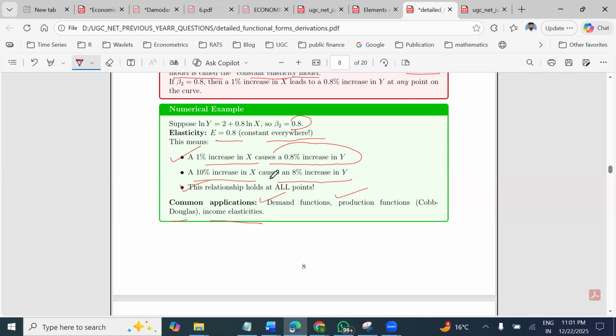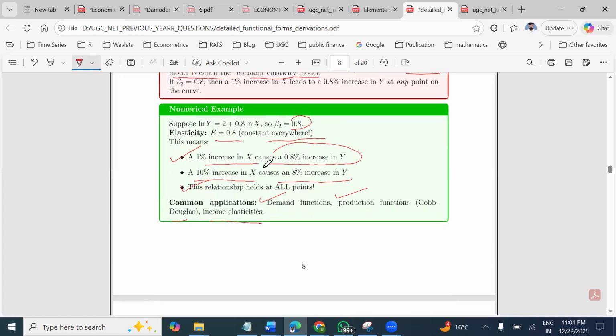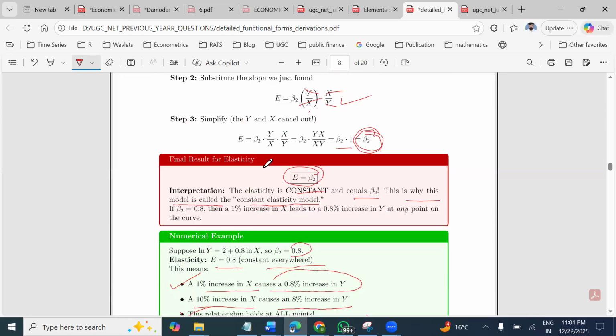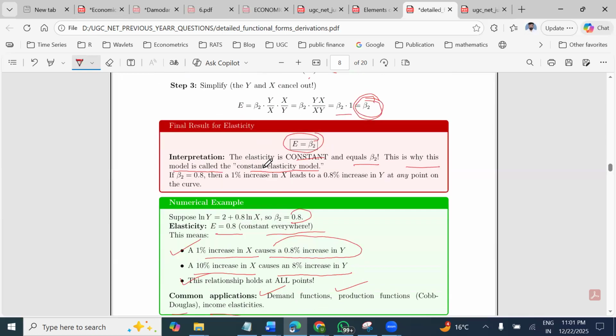Now Madhusmita, your question. Sir, as you say, dy by dx is the slope, not constant. That I do not understand. But we have proved that elasticity and slope are the same thing over here. That is the reason. We have proved that elasticity is equal to beta 2.